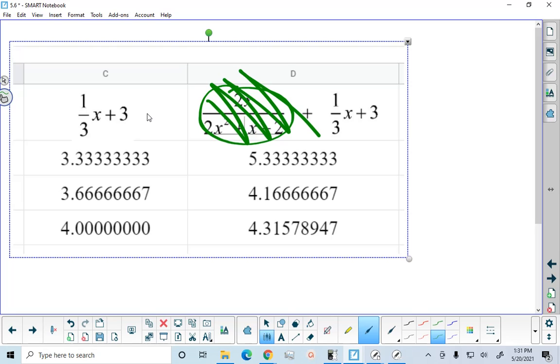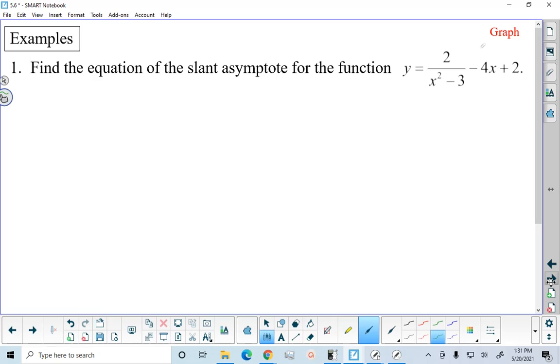Let's get into the examples now and see if this helps clear the cloudiness from this. So what is the equation of the slant asymptote of this function? Let's take a look at it. First of all, we have two pieces to this function. We have 2 over x squared minus 3, and then we have minus 4x plus 2.